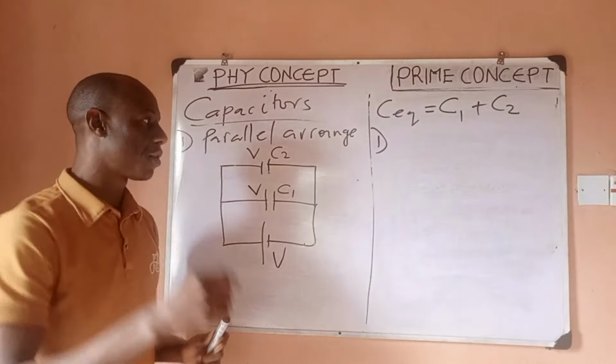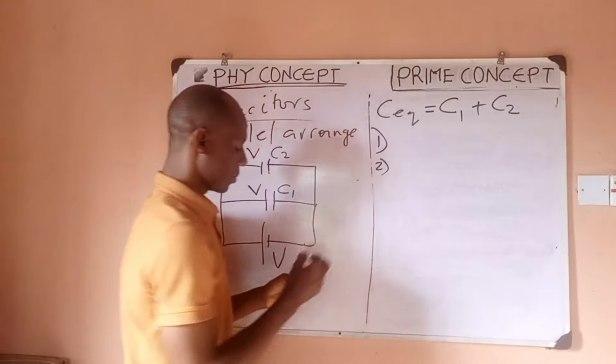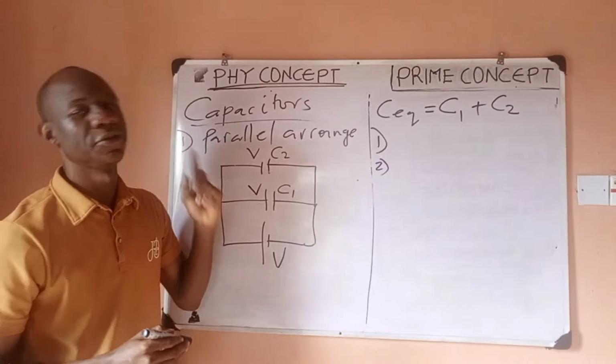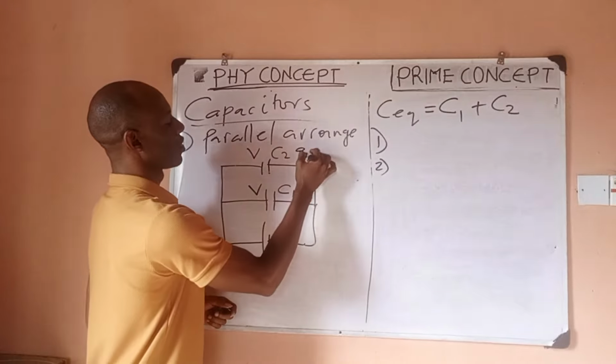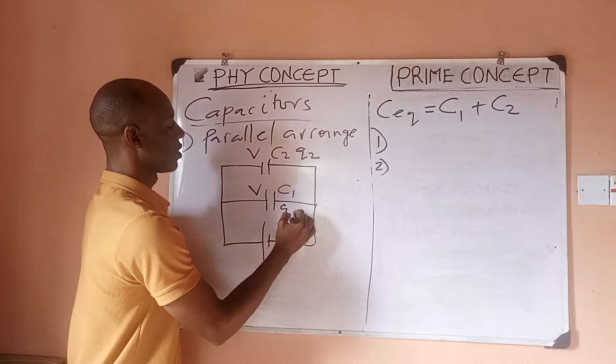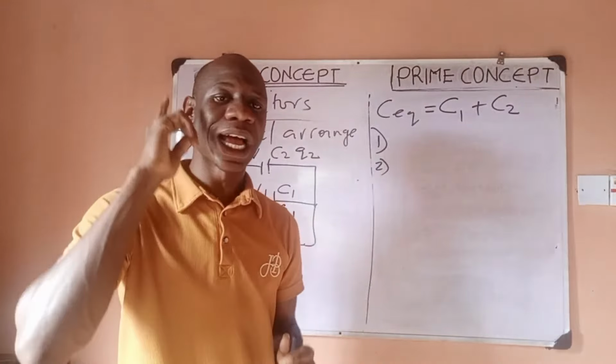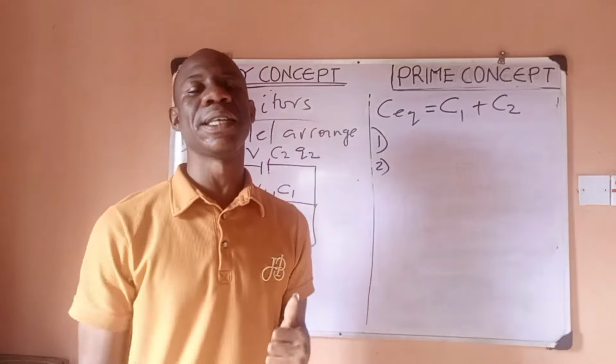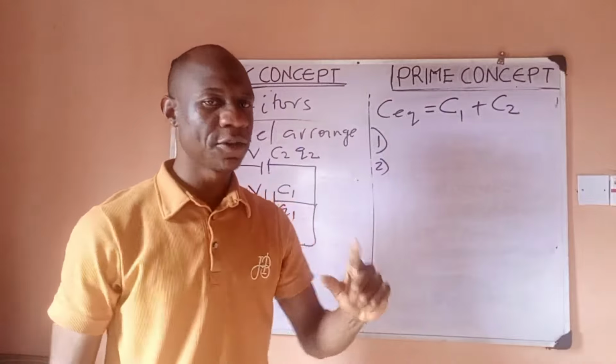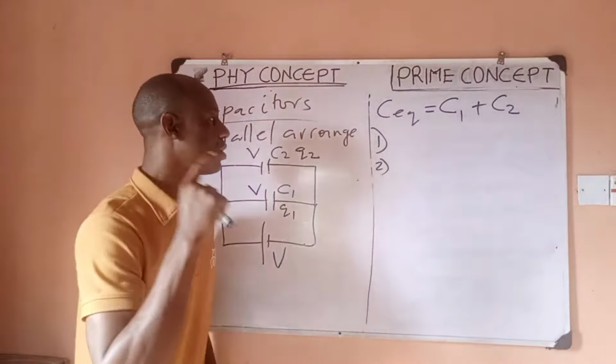But what is different for them? Number two, their charges are different. So the charge in this place is Q2. The charge in this place is Q1. So what are the two points to note? When capacitors are in parallel, voltage is the same. Charge is what? Different. So these are the take-homes that you need to have.